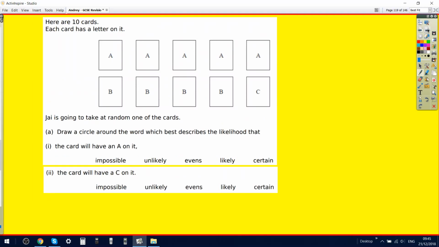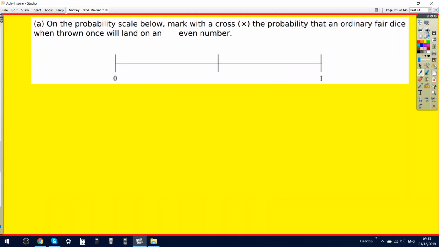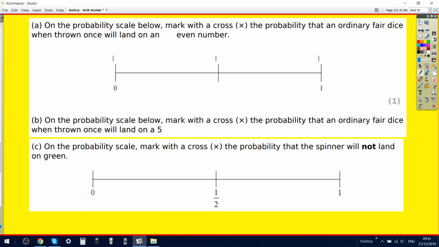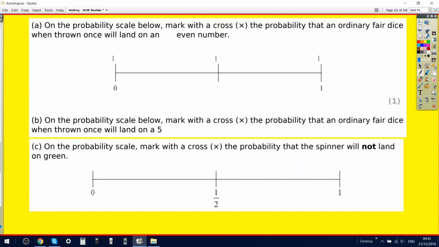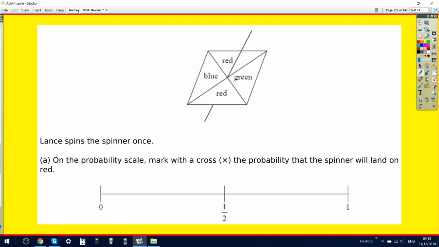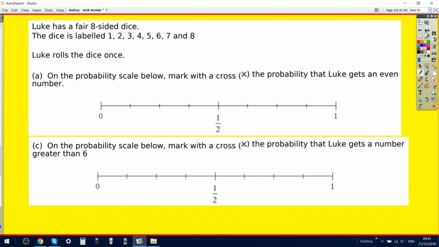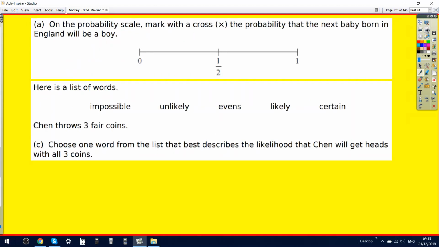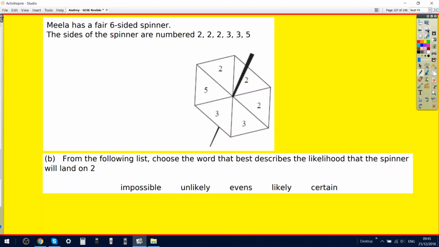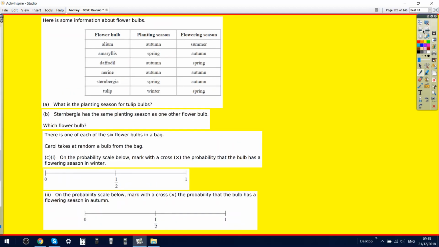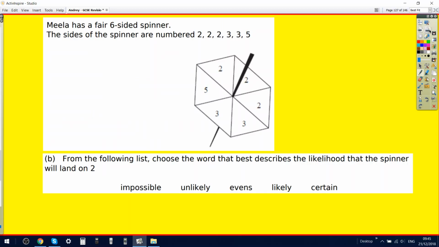I'm gonna say you're gonna be fine for these. There's lots of words and stuff. Even number. I'm just gonna skip over this stuff. I don't think it's a good use of time. Evens is like half. Likely, unlikely, certain, impossible. Let me just go back a second. Okay.